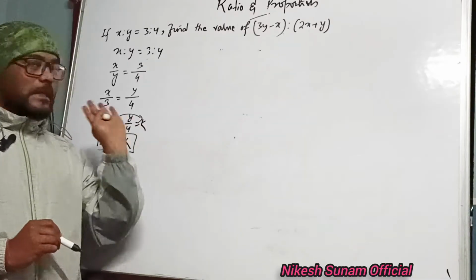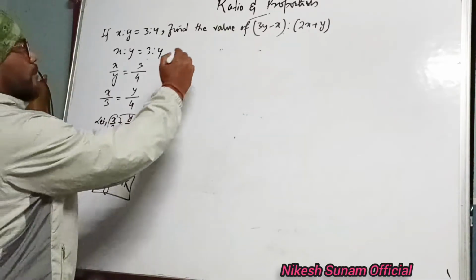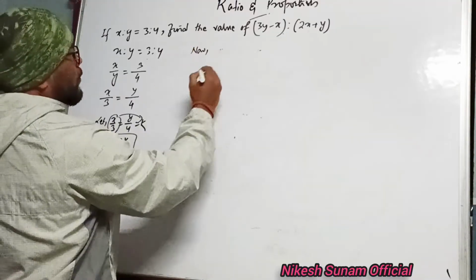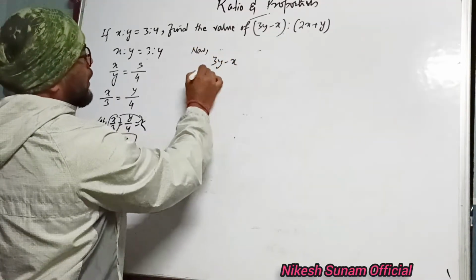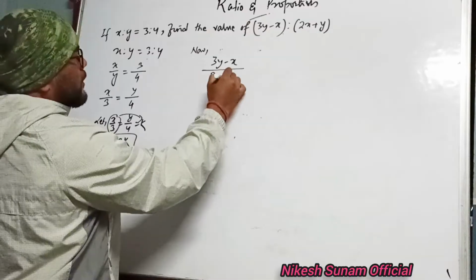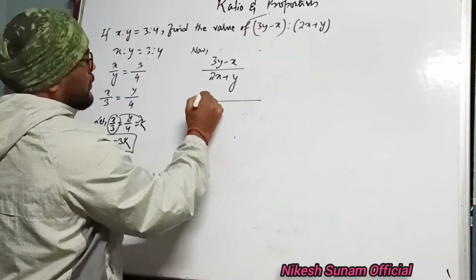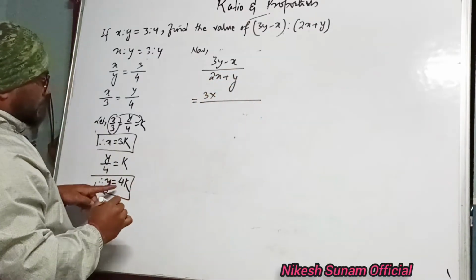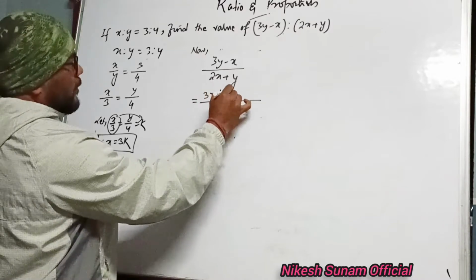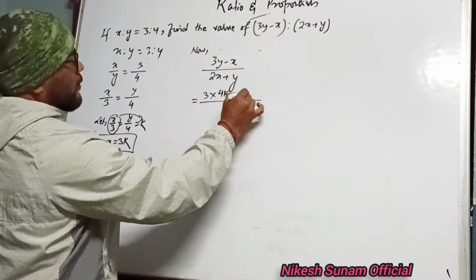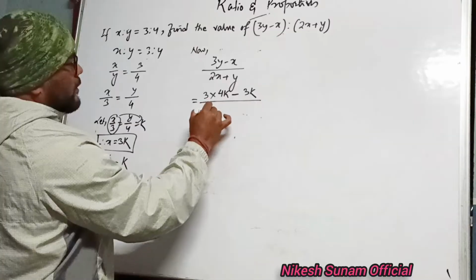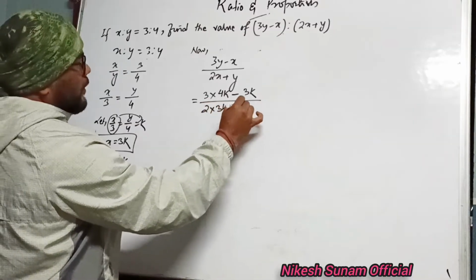Now substitute these values in this relation: 3y minus x divided by 2x plus y. Substitute y as 4k and x as 3k.